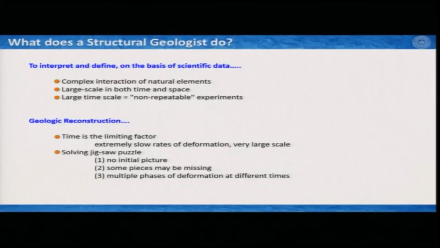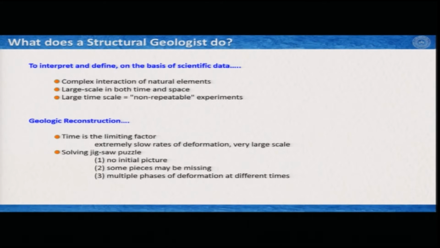So, to continue this question again, the main job of a structural geologist is to interpret and define structures on the basis of scientific data, and at the same time a structural geologist also does geologic reconstruction. The first part, interpreting and defining structures, means a structural geologist has to deal with a very complex interaction of natural elements. We will look at all these processes soon.